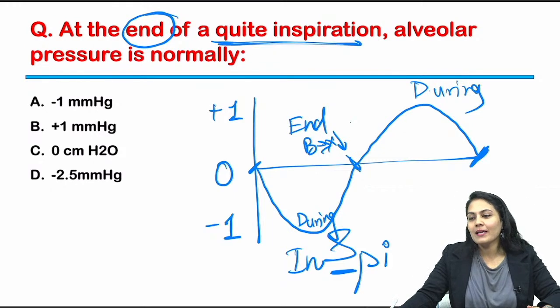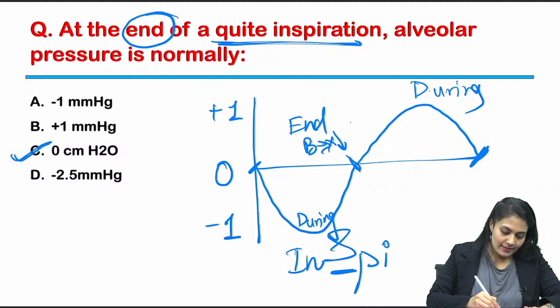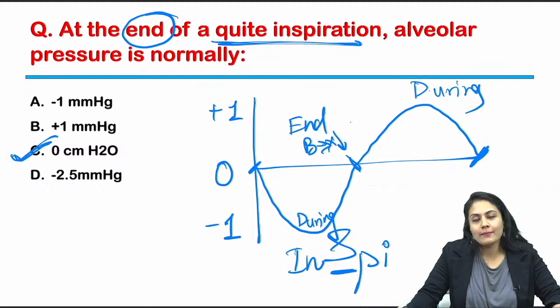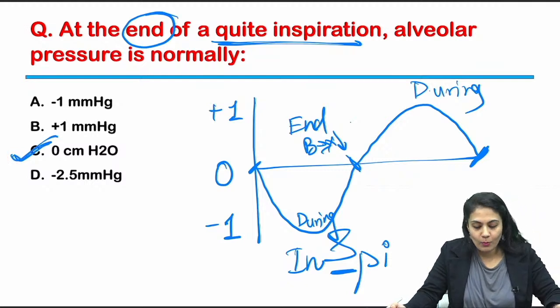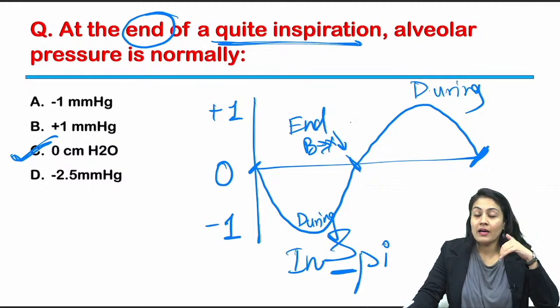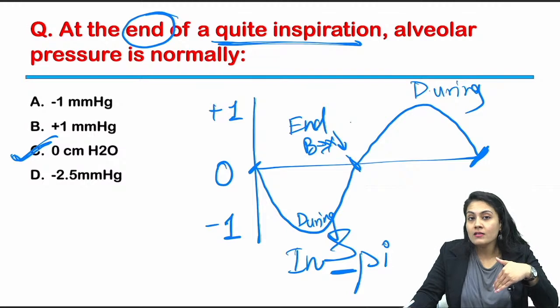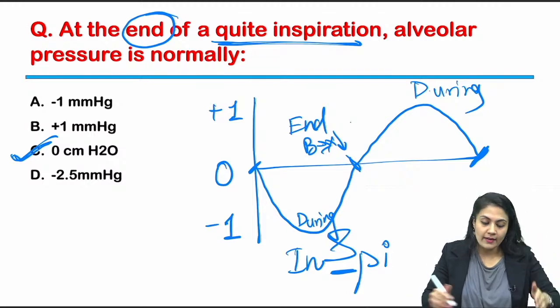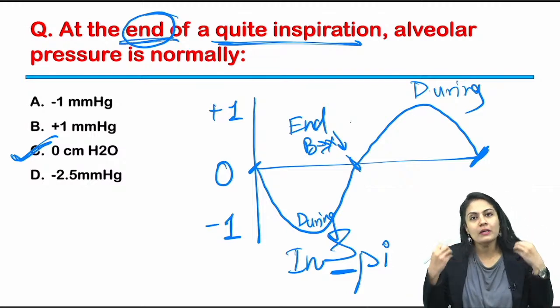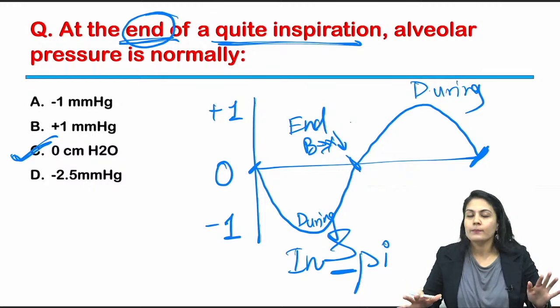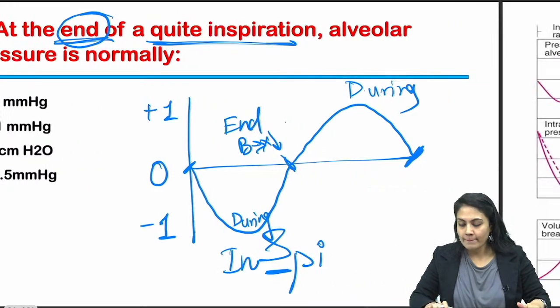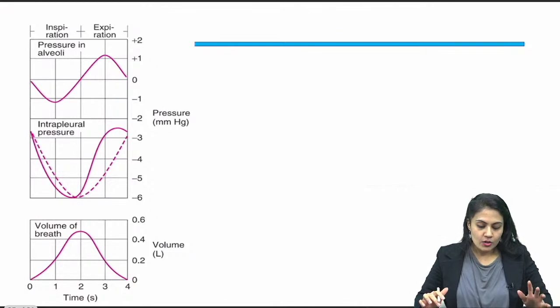It cannot be positive, right? It is going to be 0. It is going to be 0 centimeters of water or 0 mmHg. Both are the same, okay? If they haven't asked about the during phase, you don't have to think about anything. At the end of, be it the inspiration or the expiration, quiet ones, both are going to be 0, okay?